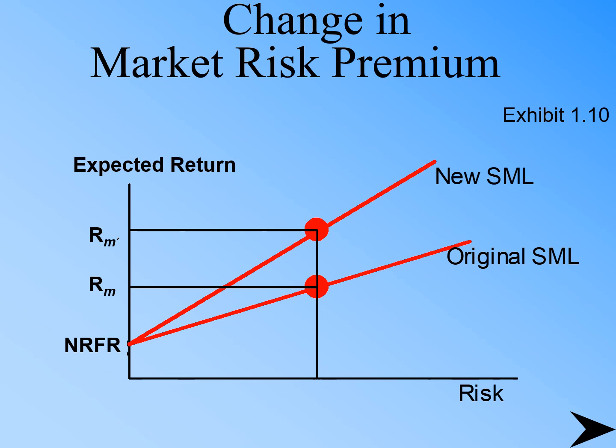So here you can see that for the same level of risk, the market portfolio return increases from RM to RM bar. For instance, if RM is equal to 10%, then RM bar is 15%. So there is a change of 5% in market portfolio return.